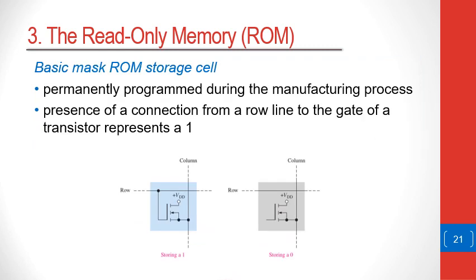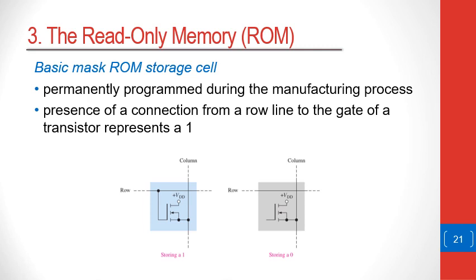ROM is permanently programmed during the manufacturing process, and it can only be read afterwards. The way it's programmed is normally that the zeros and ones are set by the lack of or the existence of a connection wire with the transistor.